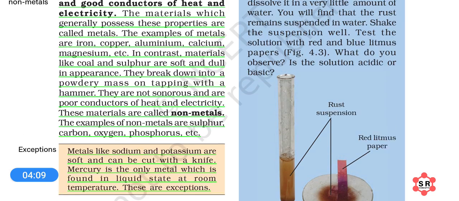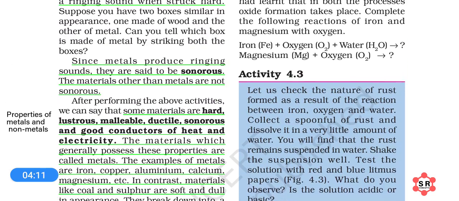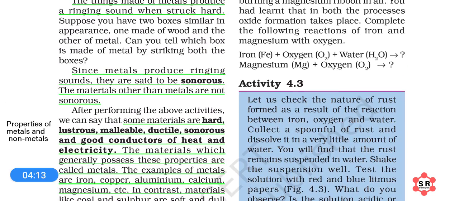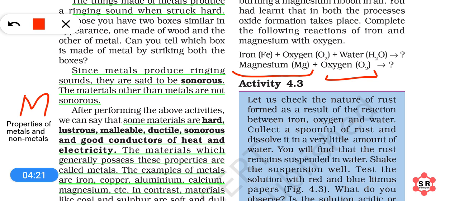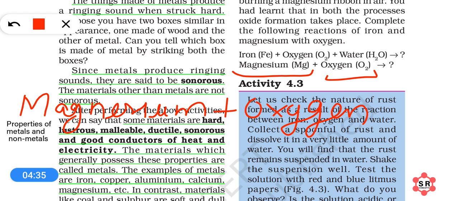And not only this, dear students, if we burn a magnesium ribbon in oxygen, what will happen then? If we burn magnesium, it will react with oxygen and make magnesium oxide.